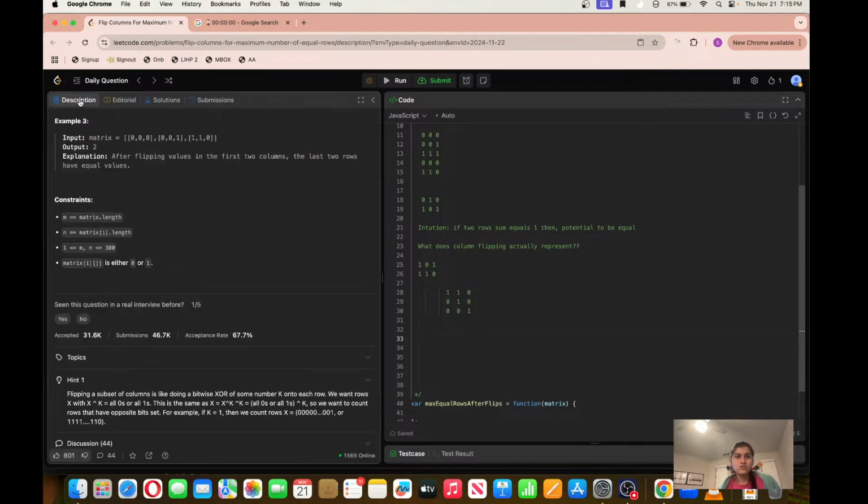So yes, this is a good approach. And the intuition is the same: if two rows are equal after flipping, every bit will always be opposite.